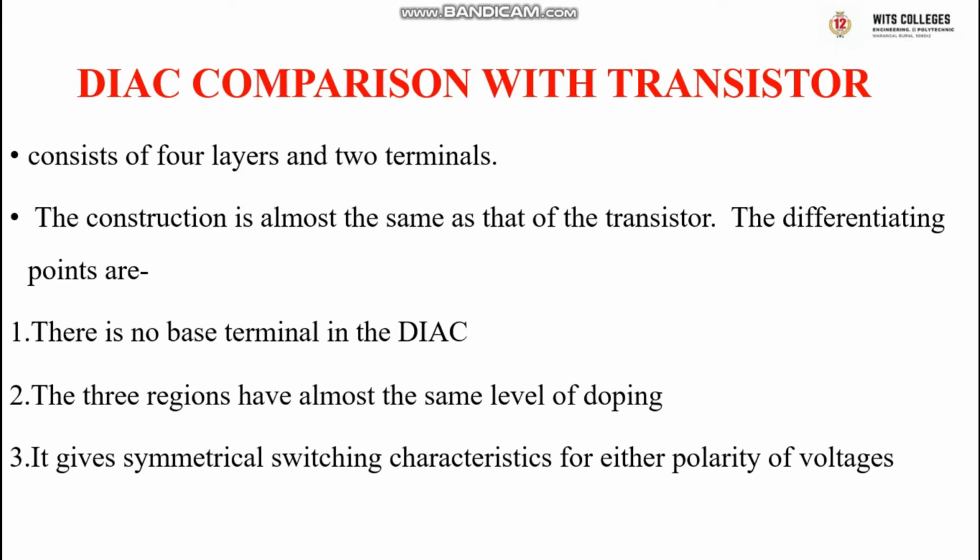Similar characteristics we will get, but the only difference is, if the characteristics are observed in quadrant 1 when terminal 1 is positive with respect to terminal 2, then when terminal 2 is positive with respect to terminal 1, these characteristics will be observed in quadrant 3. So both the characteristics are the same, only the quadrant of operation is different.